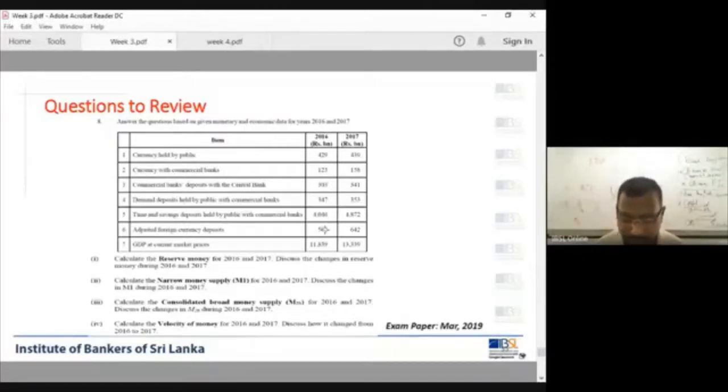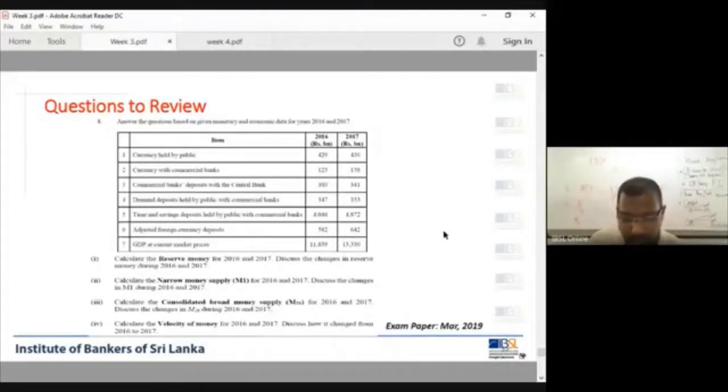And for 2017, how do you calculate? Again, you take M1 plus time and savings deposits held by public with commercial banks, which means line 5, and adjusted foreign currency deposits, which means line 6.